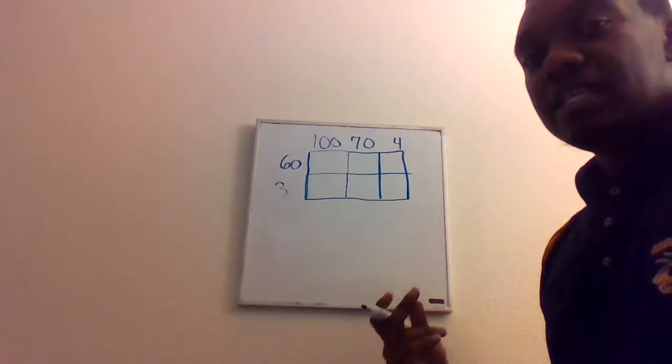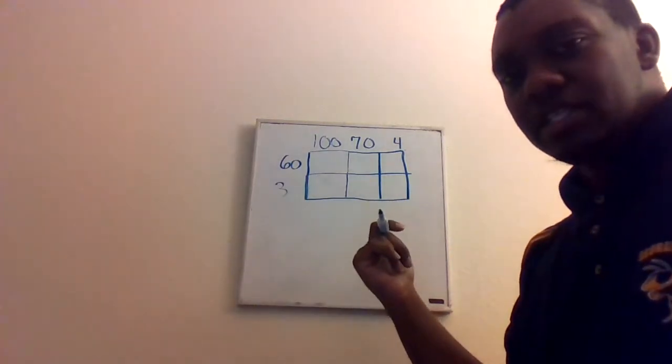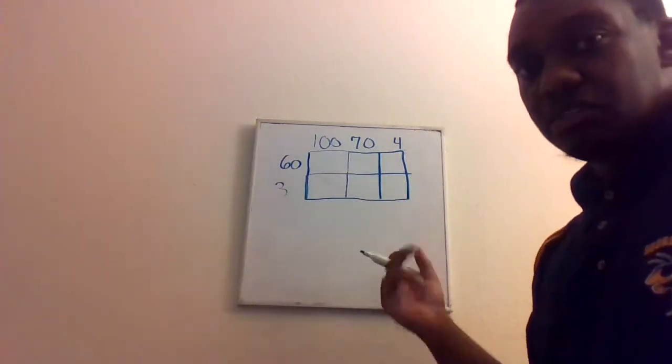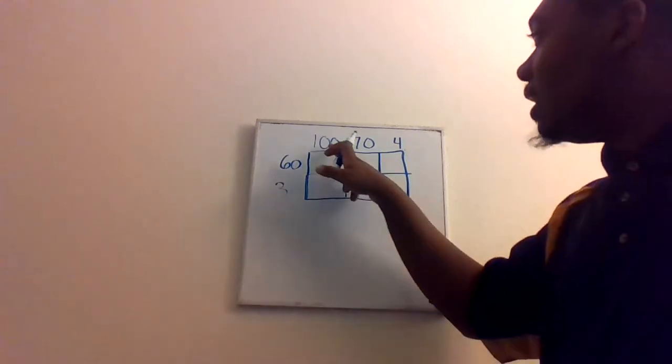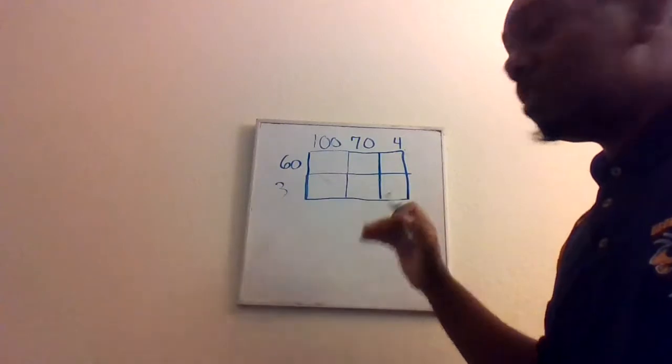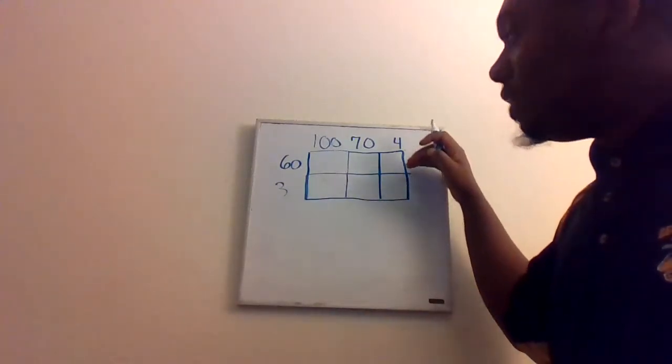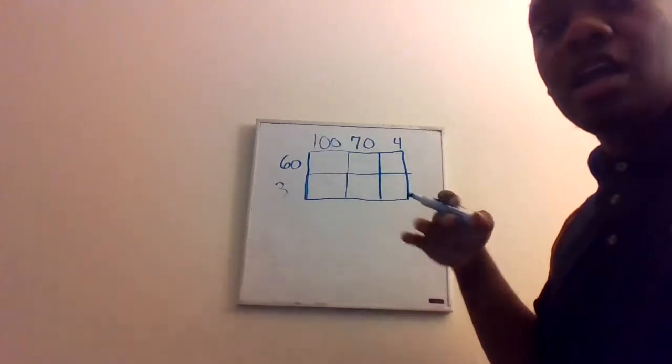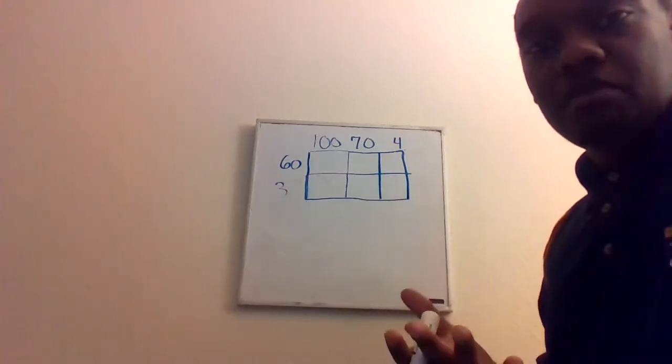And so as some of you may see, isn't that the exact same thing we just did with the expanded form? It is. It's just written a different way. And sometimes people will write this as 1, 7, and 4, knowing automatically that this is the hundreds, the tens, and the ones place. And 6 and 3, knowing this is 60 and this is 3. But that is up to you, whichever way you want to write it.